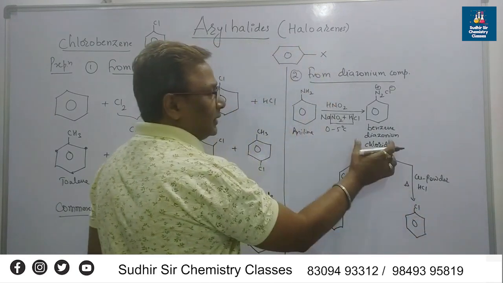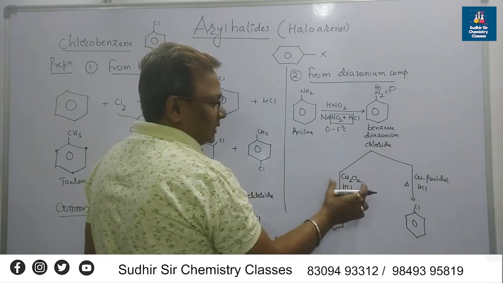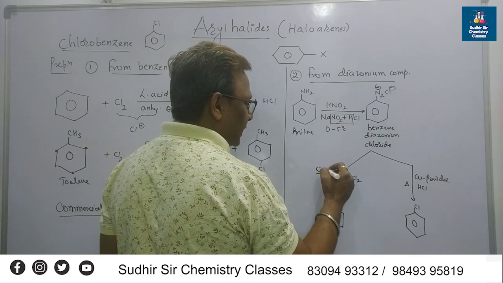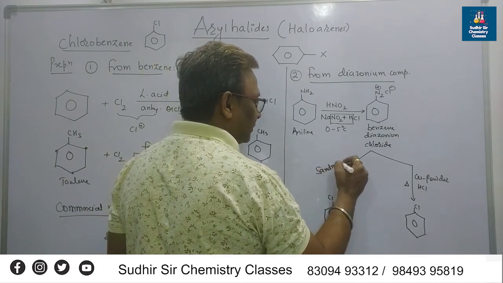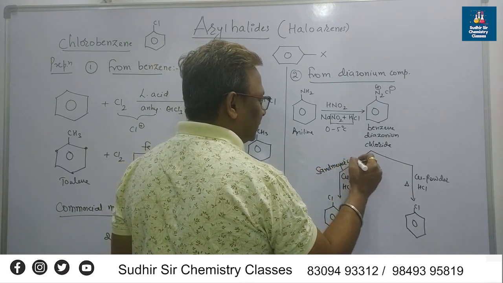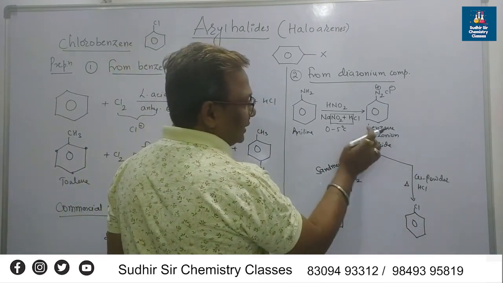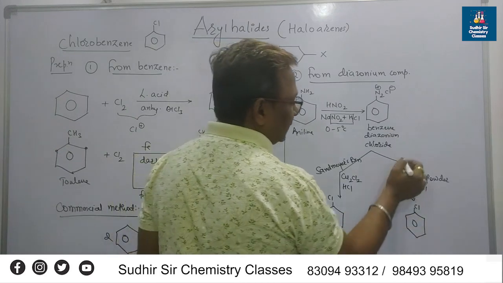But you know, when you heat the diazonium salt with Cu2Cl2 and HCl, this name reaction is called what? The Sandmeyer reaction. And when we make chlorobenzene by heating the diazonium salt with copper powder, this is also a name reaction.